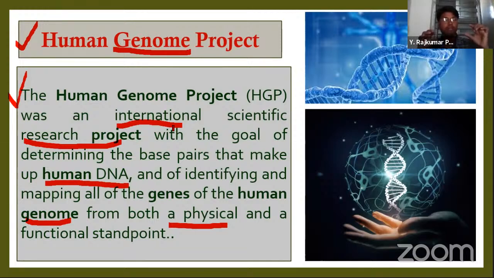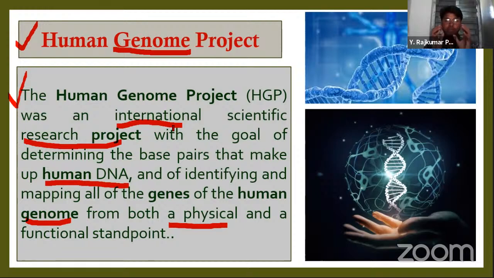So we learn about each chromosome, what kind of genes are present under it, and each gene's base pair structure and function. That means what that particular gene does and how it is useful for us. There are different applications for the Human Genome Project.